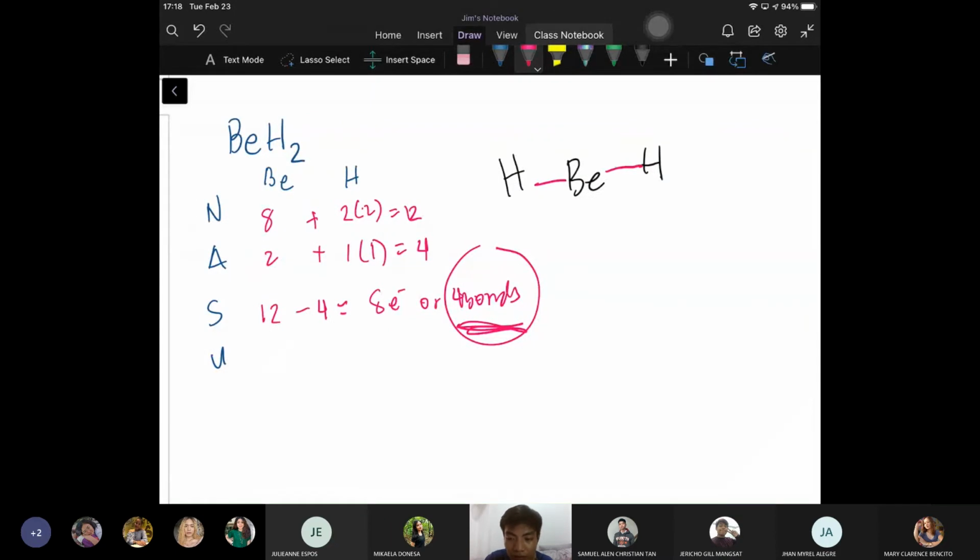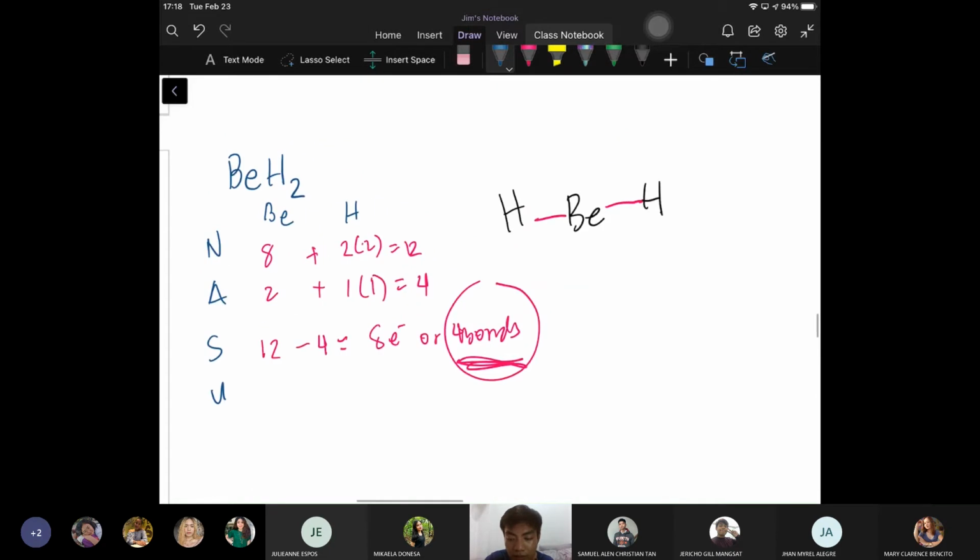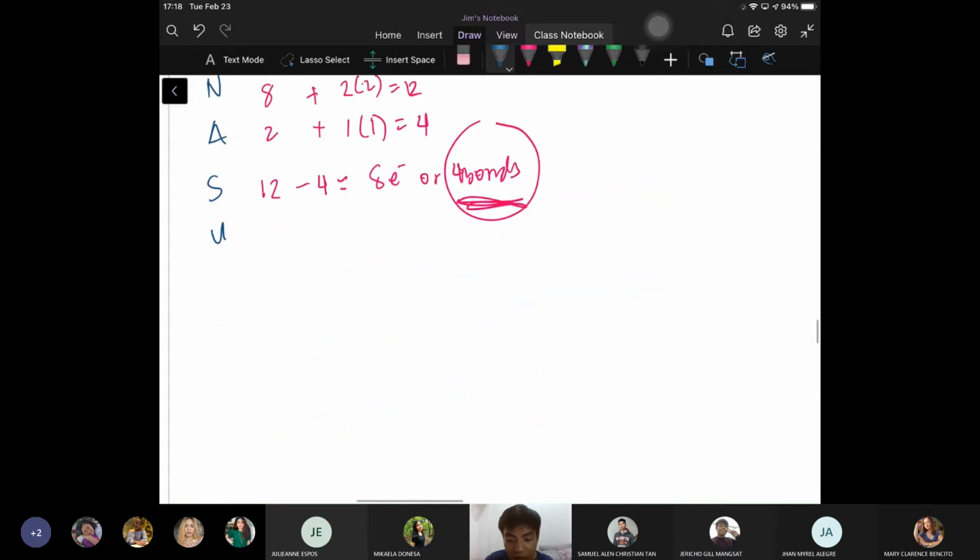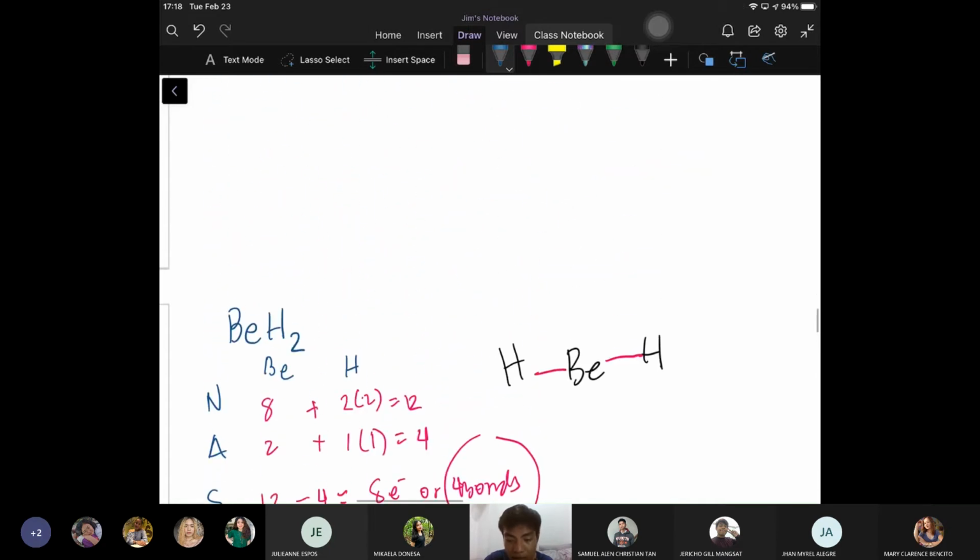So, sir, paano ko gagawin yan? Paano ko yan i-draw? Basically, yung connect the dots na ginagawa nyo noong high school. Yun na yung pinaka-simplest way. Be mindful kung sino yung terminal, sino yung central. We know that beryllium has 2 valence electrons, hydrogen have only 1, so pwede mo sila pagdugtungin na lang.